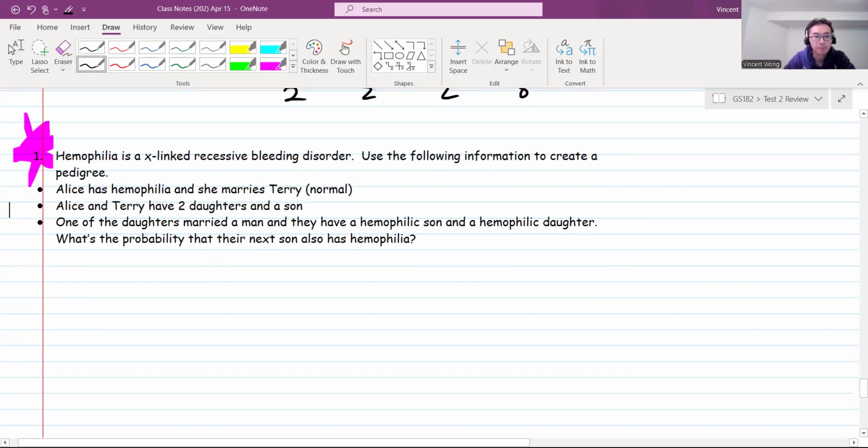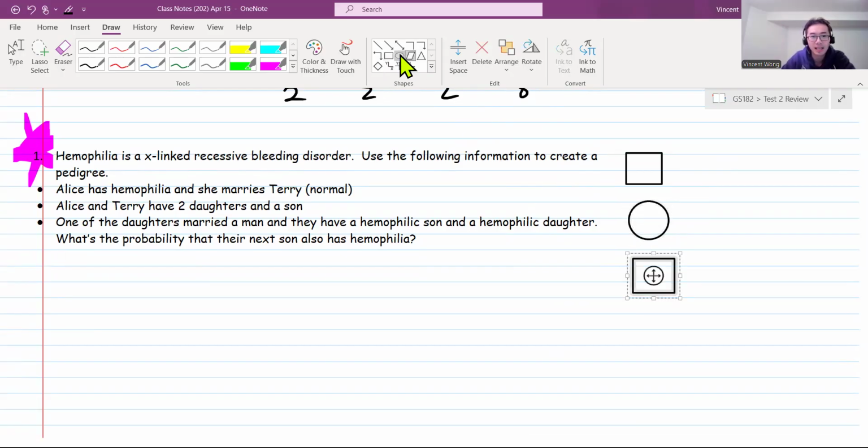Okay, so let's see. Alice has hemophilia and she marries Terry. Now, if you are confused, maybe do some background work first. Like I said, there's a lot of time, okay? Don't rush it. A lot of you just hand it in after half an hour. I don't know where you're trying to go to.